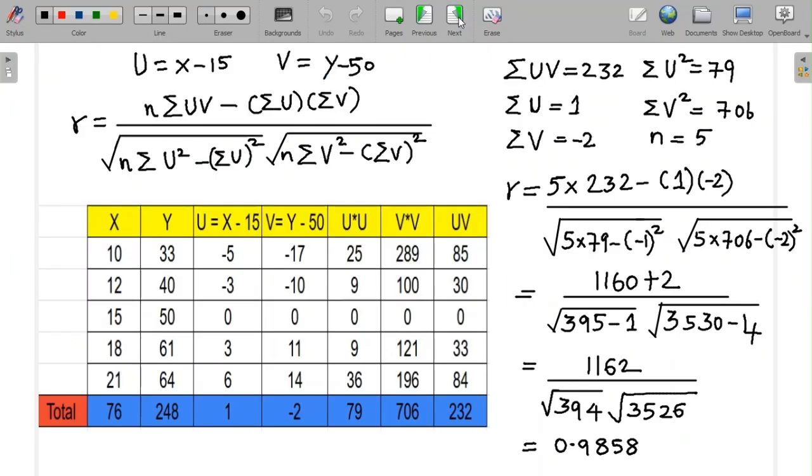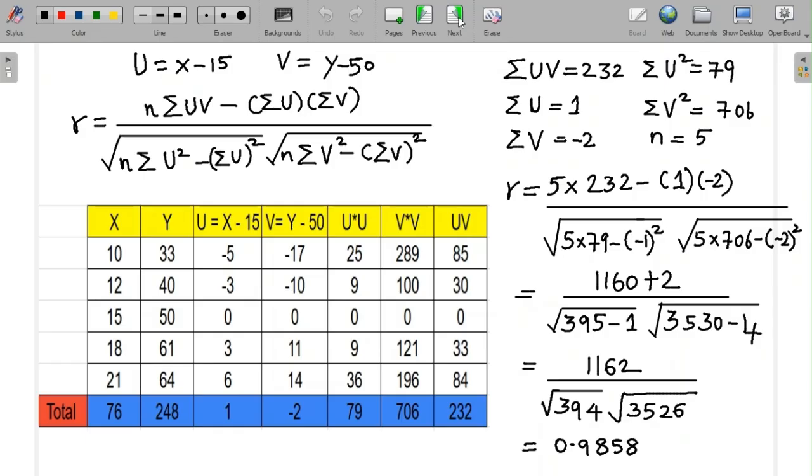And we chose not to use the first or the second formula. We don't use the first formula because the values are kind of large. They are 64, 61, etc. So the squares will involve 4-digit numbers. So to avoid such large values of squares of x and y, we wanted to find the deviation.